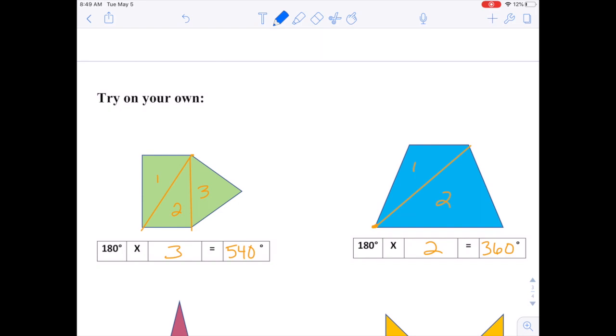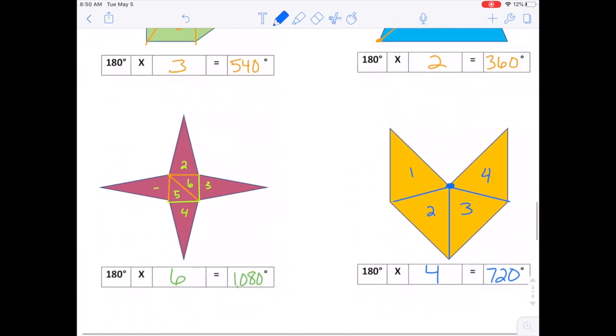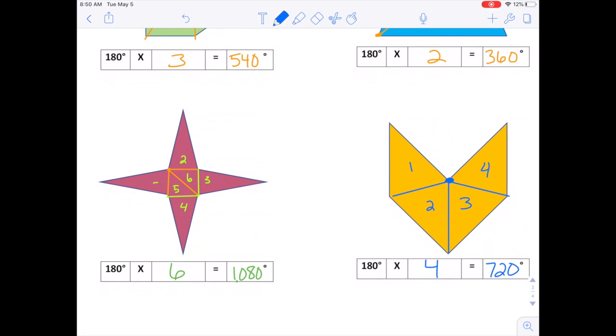All right, for the first two, you should have had 3 triangles in the green shape. That was another pentagon, 5 sides, and that was 540 degrees. And then for the next one, this trapezoid, you should have had 2 triangles. That's 360 degrees. This star was kind of tricky.